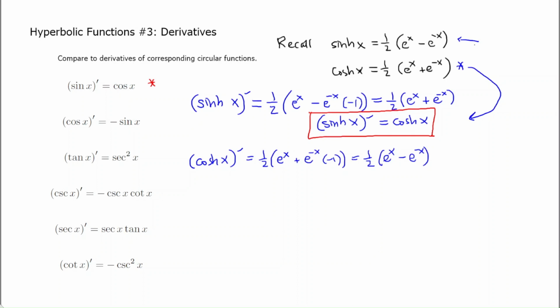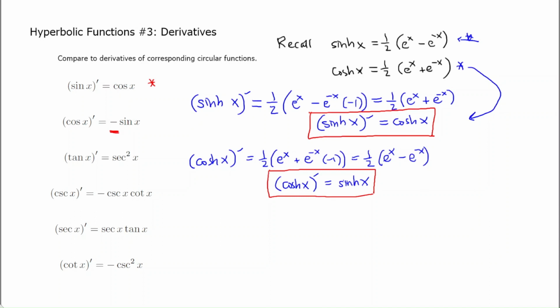Well, that is just exactly our definition of the sinh function. So cosh x prime equals sinh x. Now this is similar to what we have in trig, except in trig we have this minus sign there, but with the hyperbolic functions we don't.